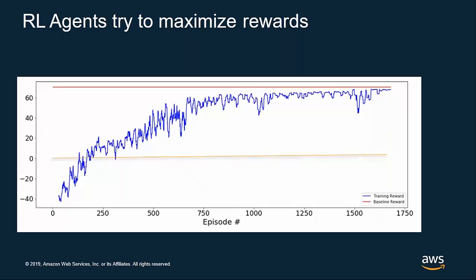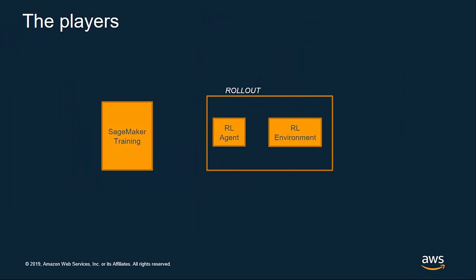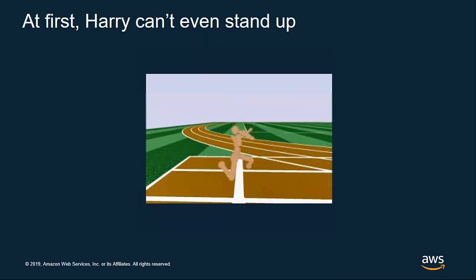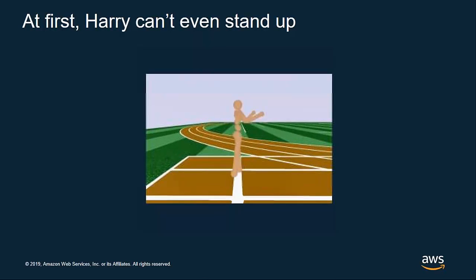So let's see this in action. As we talked about earlier, we start with an initial model and we interact with an RL environment. So here, we're teaching Harry how to walk, but right now, Harry can't even stand up.